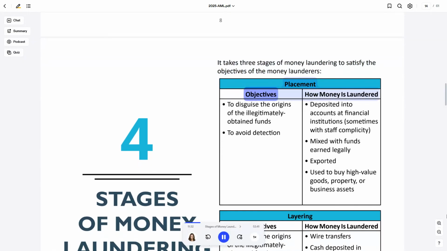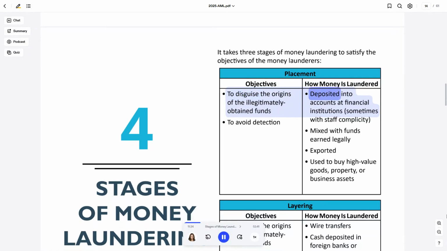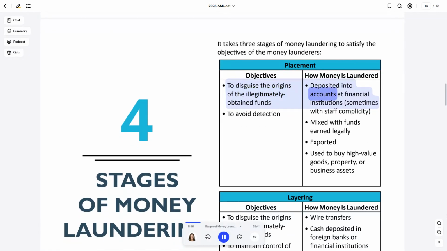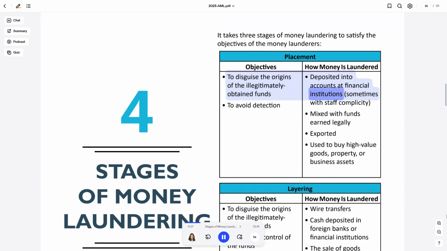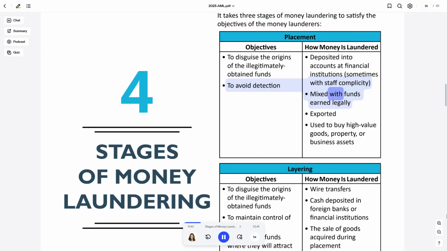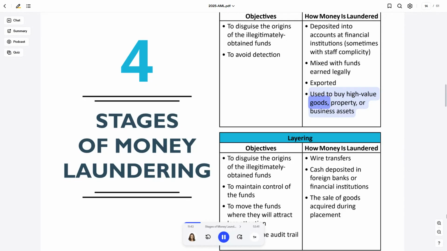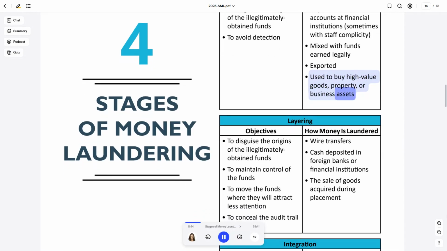Placement objectives: to disguise the origins of the illegitimately obtained funds, deposited into accounts at financial institutions, sometimes with staff complicity to avoid detection, mixed with funds earned legally, exported, used to buy high-value goods, property, or business assets.